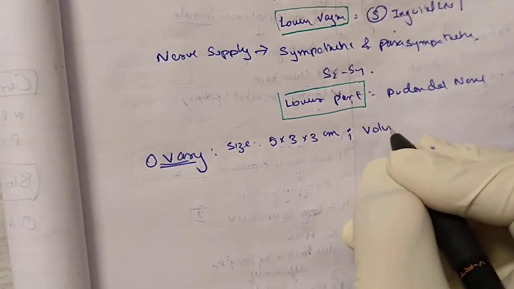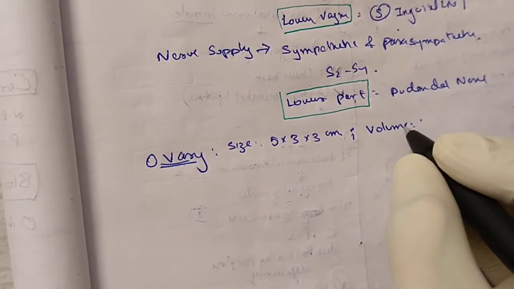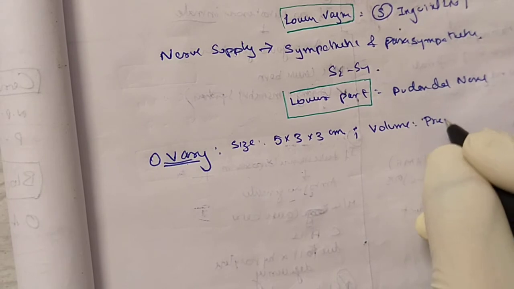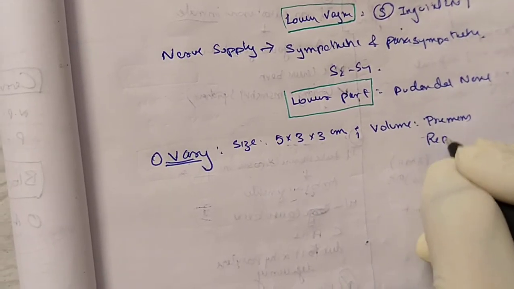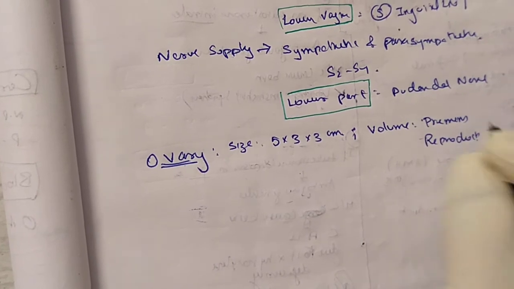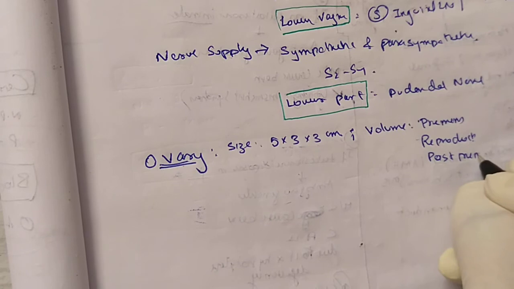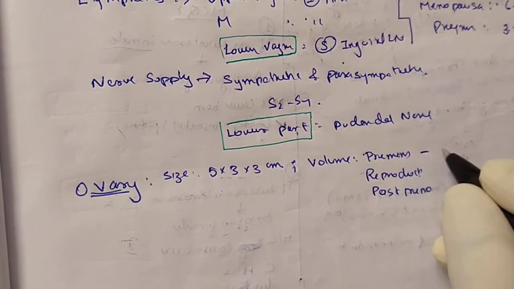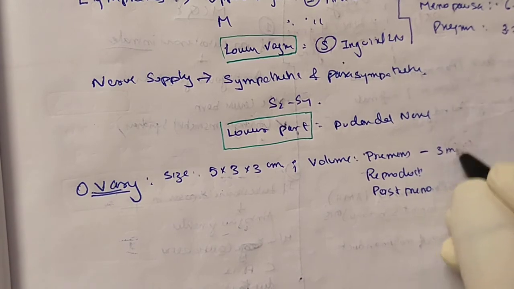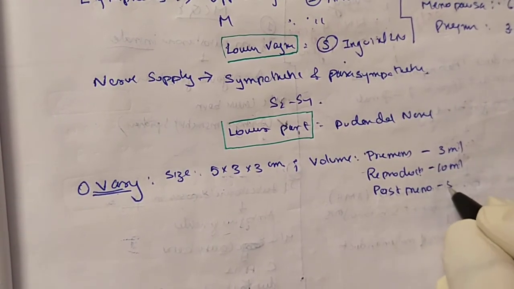Volume is 3 ml premenarche, 10 ml in reproductive age, and 8 ml postmenopause.